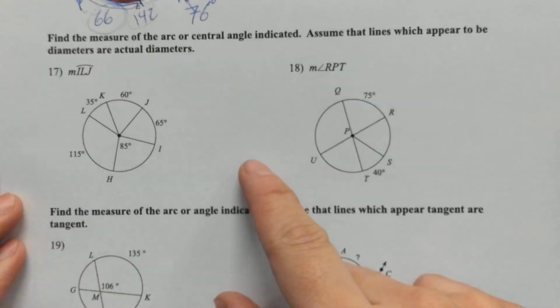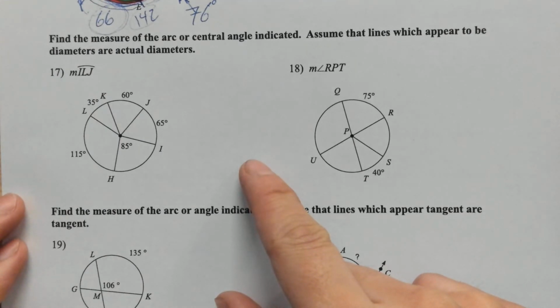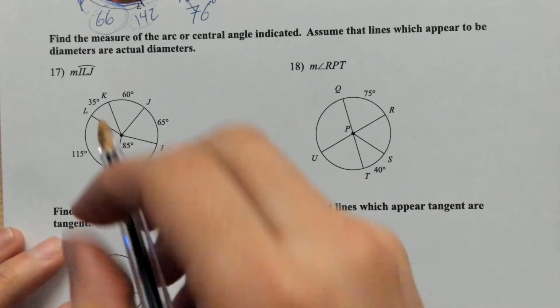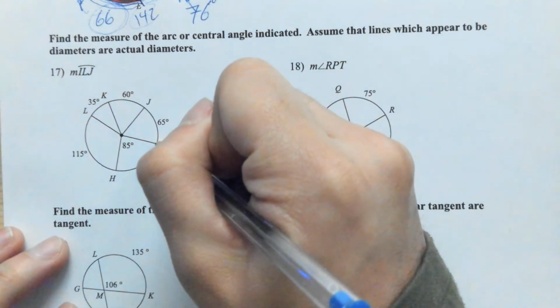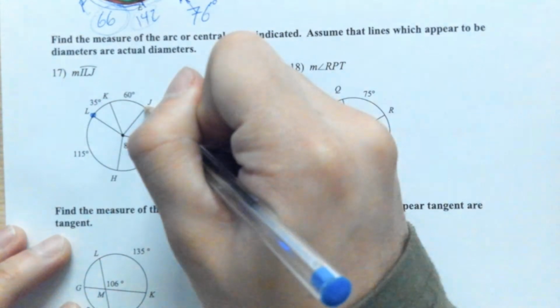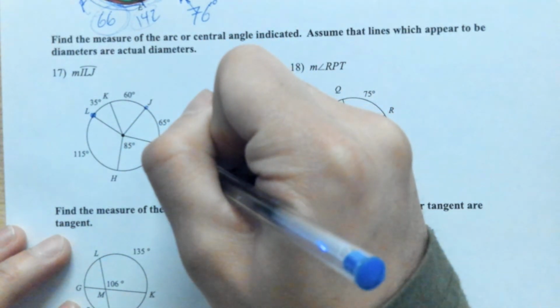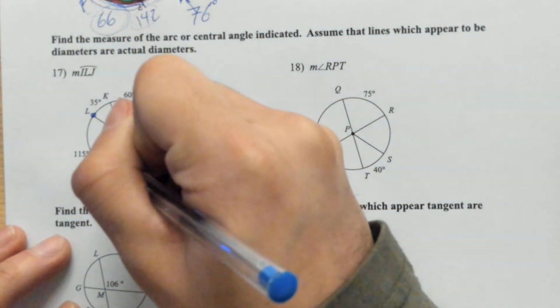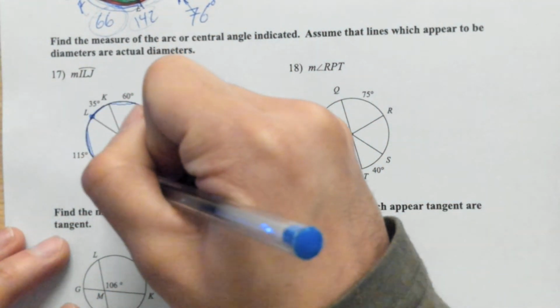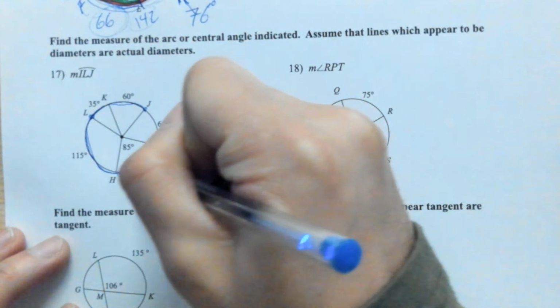17, it's find the measurement of the arc or central angle indicated. I'm not going to do this one. It's asking you to find the measurement of angle I, L, J. So remember, you go from I to L to J. So you're looking for the arc all the way around.